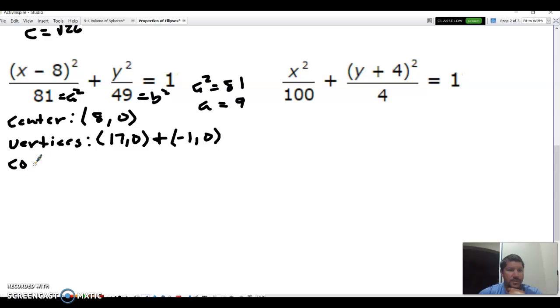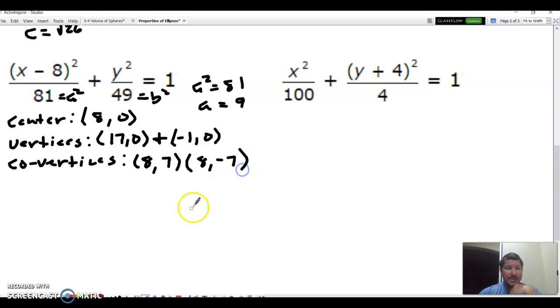So my co-vertices, now this is going to be a distance of 7 vertically, so from 0. So that's going to be 8, still has this x value. But now I'm going up 7, so 8, 7, and I'm going down 7, so 8, negative 7.